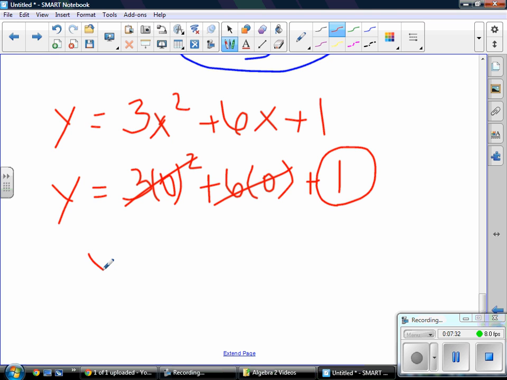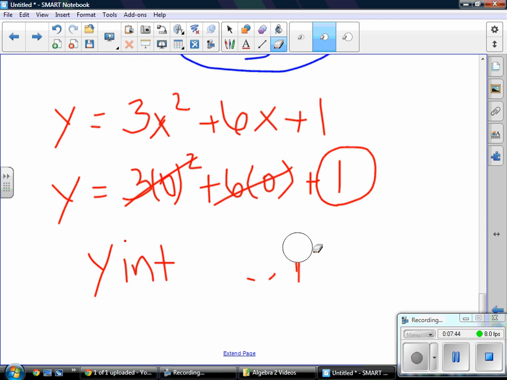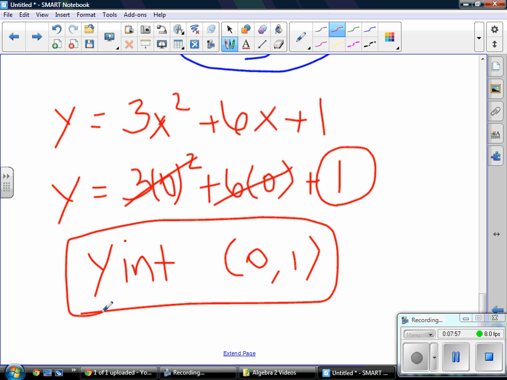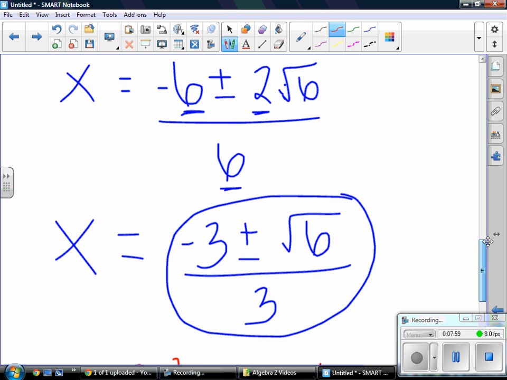So my y-intercept is really 0, 1, if I write it as a point. Ooh, that's a bad looking point. Let's make it nice and pretty as our final answer. So 0, 1, because x we plugged in for 0. So here's our y-intercept. We found our x-intercept above, which had the radical still in it. This was our x-intercept.